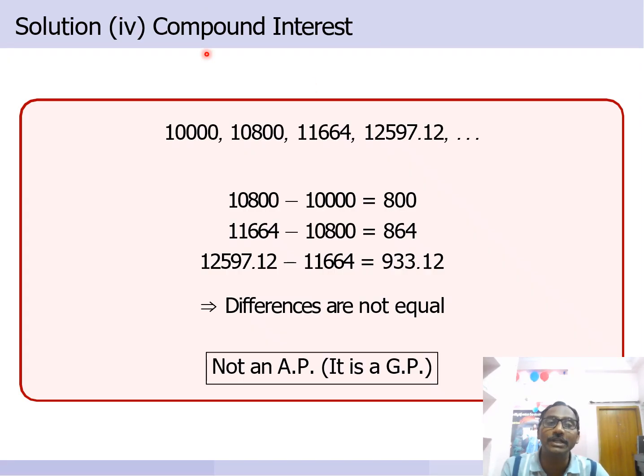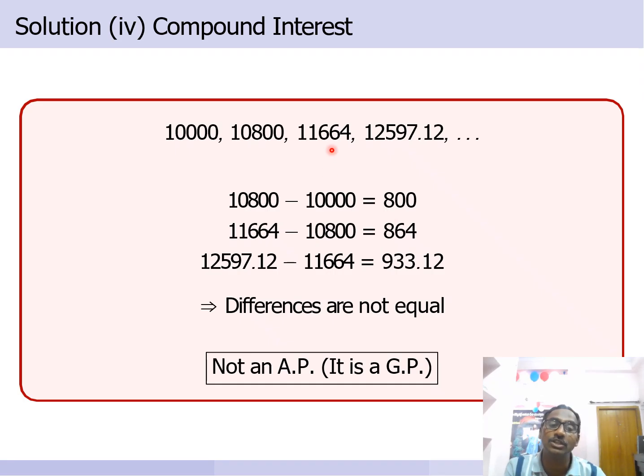Now compound interest. Here they gave 10,000, 10,800, 11,664, 12,597.12 and so on. So here I am finding A2 minus A1. 10,800 minus 10,000, I am getting 800.